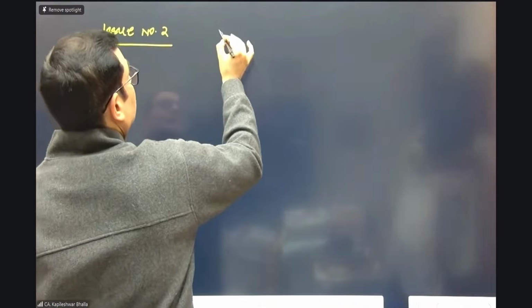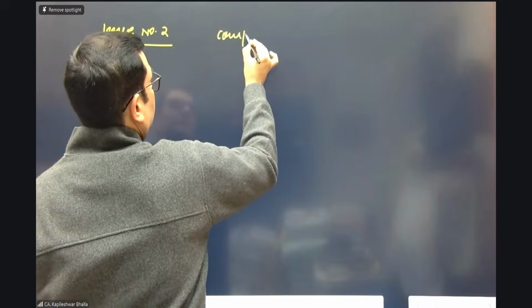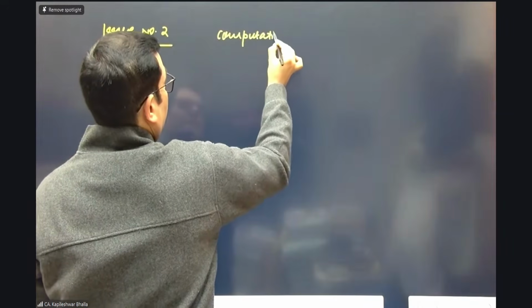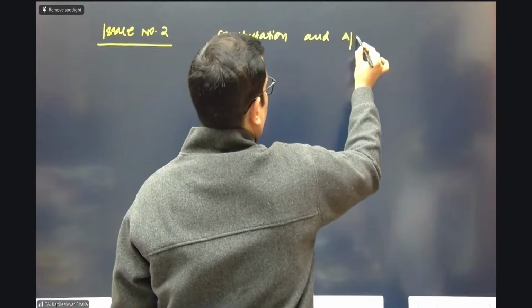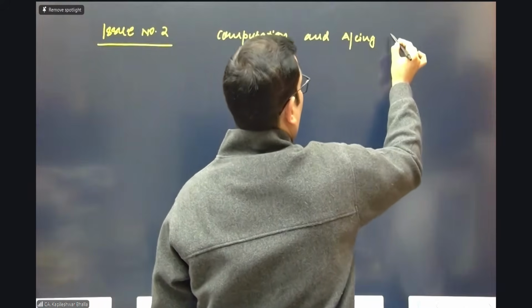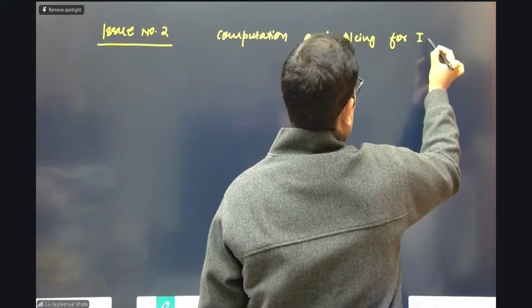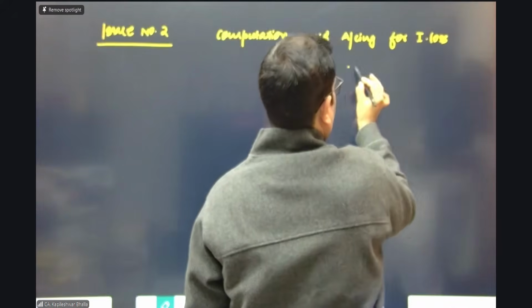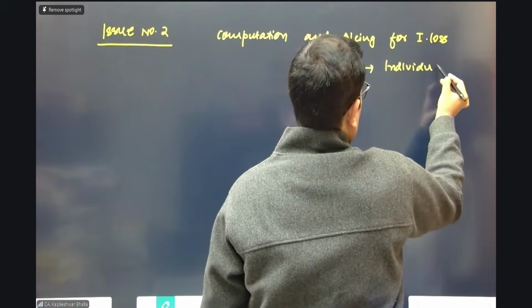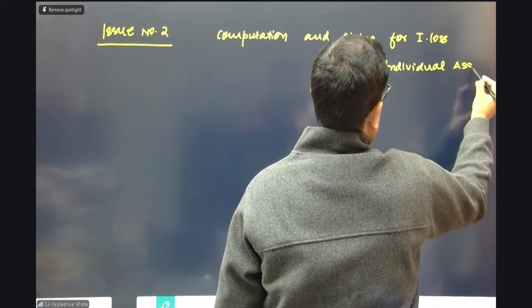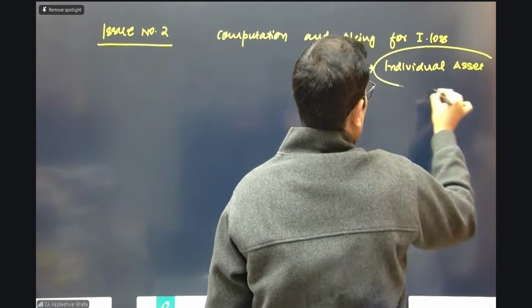So my issue number 2 is the computation and accounting for impairment loss in terms of an individual asset. So the focus is right now on the individual asset.